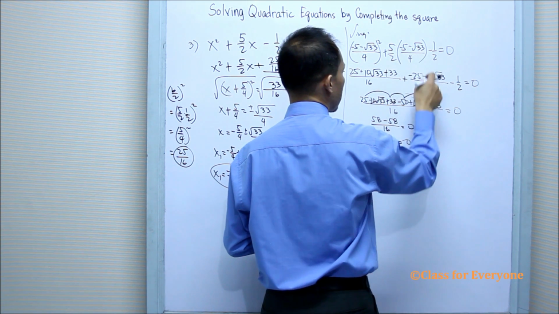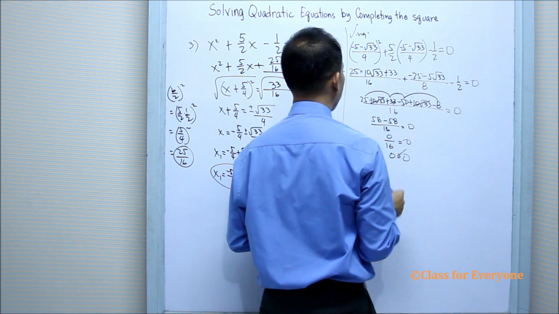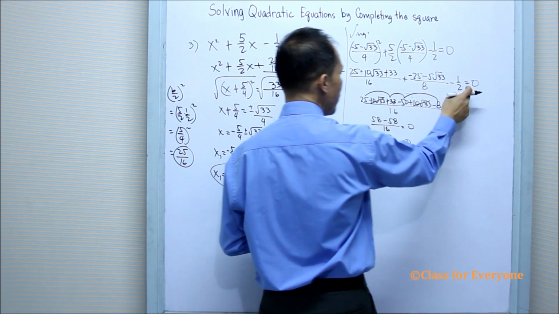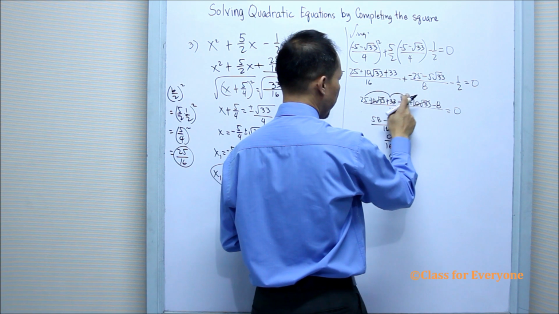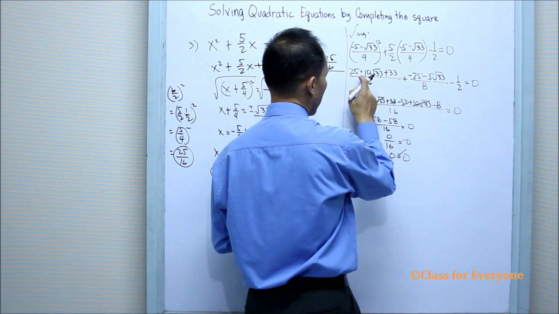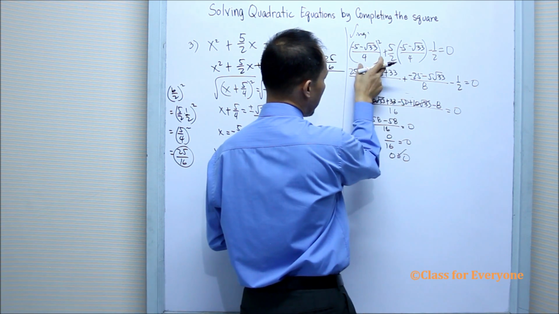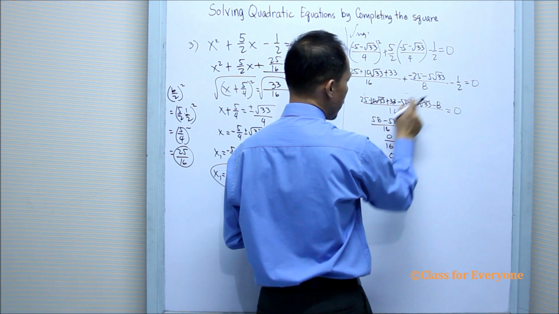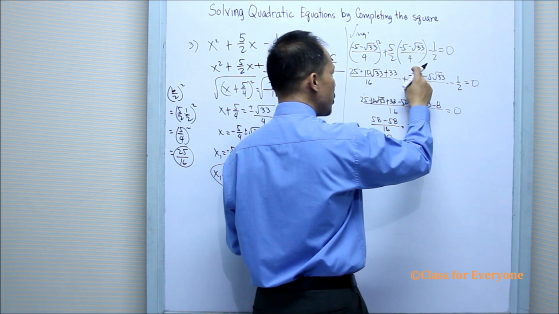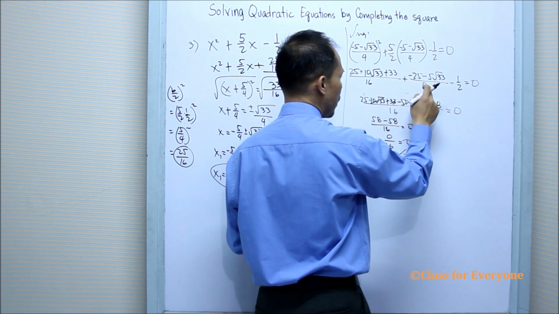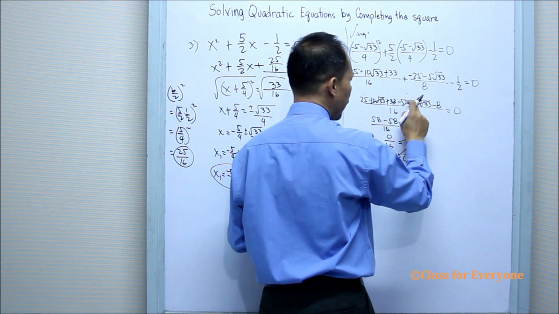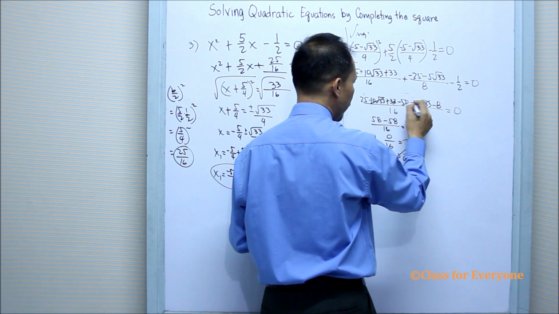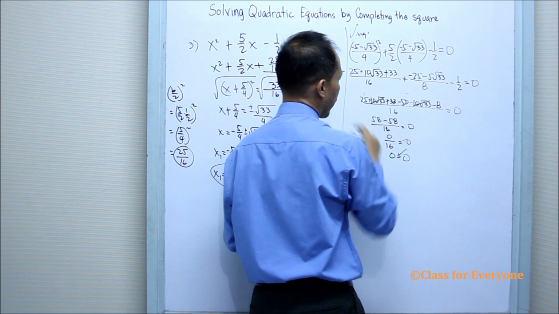2 times 4 is the same, 8, minus 1/2. Now, the same, the LCD is 16. We'll just copy the numerator, and then 16 divided by 8 is 2, times negative 25 is negative 50. 16 divided by 8 is 2, times negative 5, this will be a negative, and this is positive.